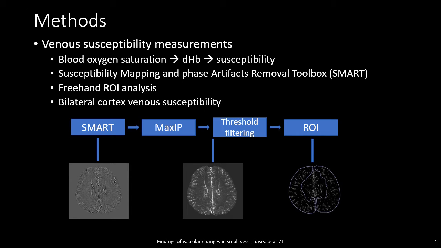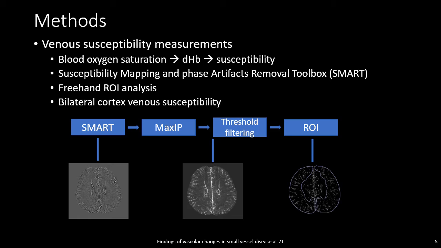Besides the arterial structure's integrity, vessel function like blood supply can be assessed using oxygen saturation. This will affect the rate of deoxygenated hemoglobin in the blood, and that will determine the vessel's overall susceptibility, especially in the veins. So we want to use venous susceptibility to find the blood oxygen saturation change.